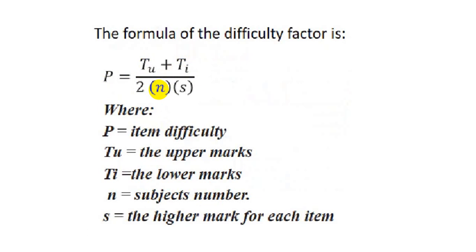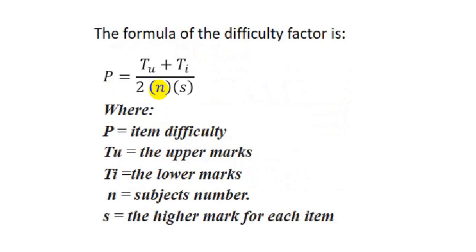Here in our example we have 10 in each group, 10 in the higher group and 10 in the lower group. Then n here means 10. S is the score of the item.